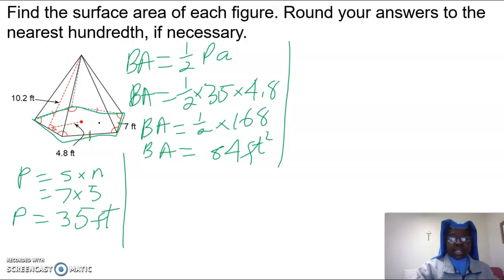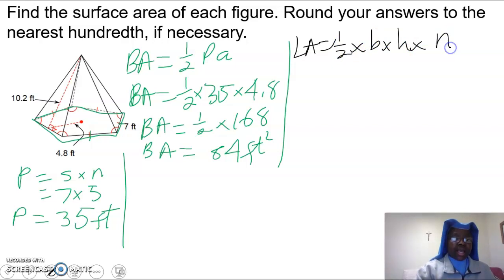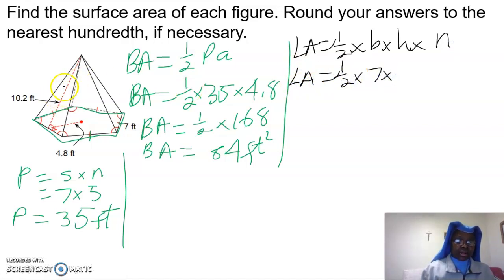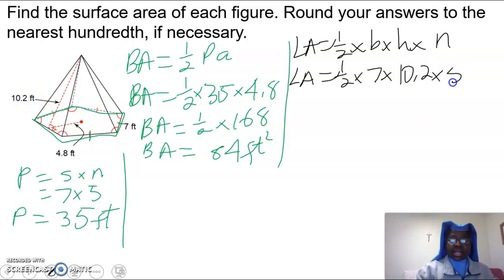But it's a triangle, so the lateral area is going to be 1/2 times the base times the height times n. There are 5 of them, so it's 1/2 times the base, which is 7, times the slant height, 10.2, times 5 sides, so I'm going to multiply everything.